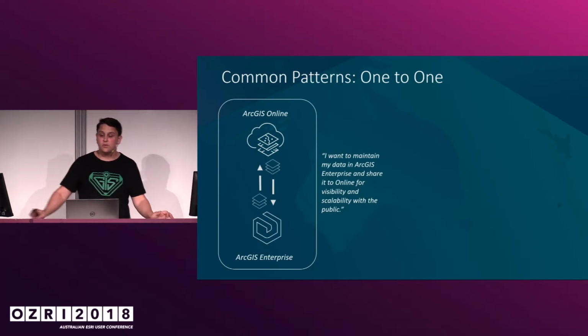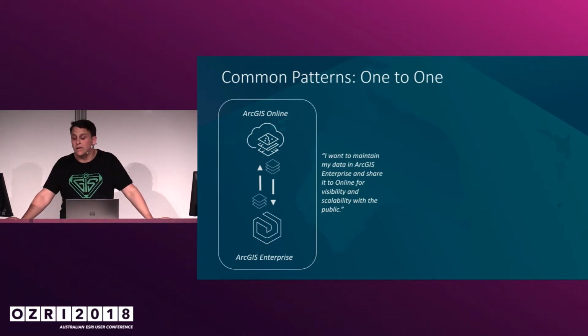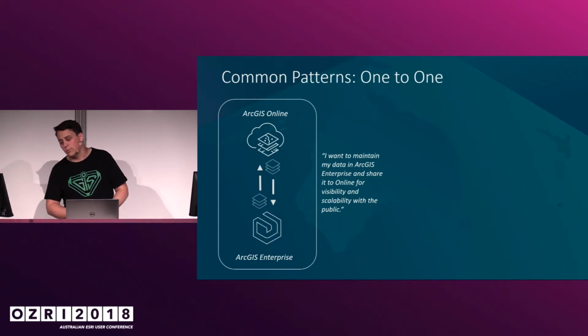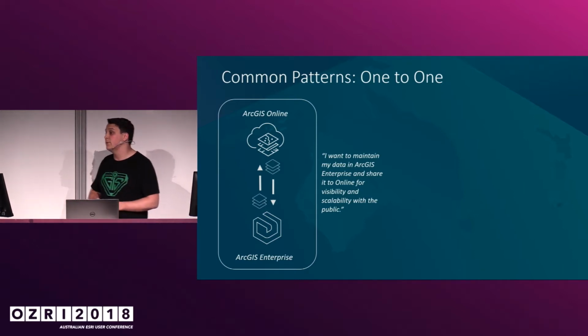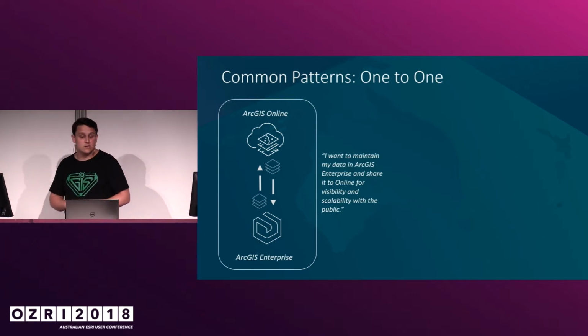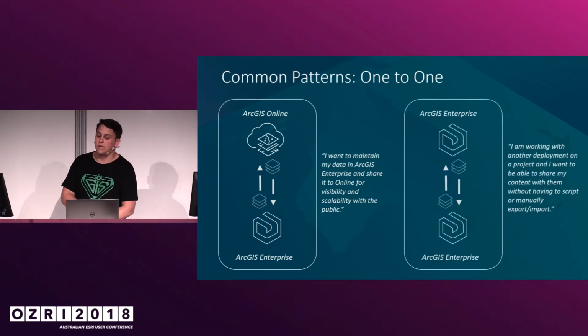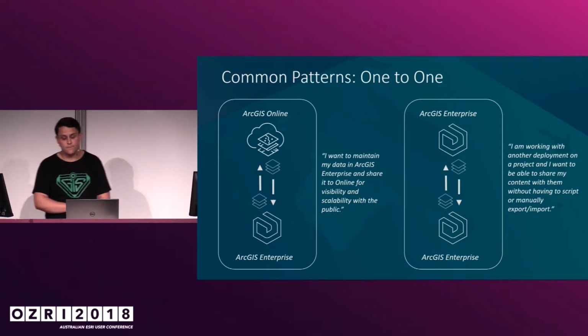Some common patterns of use for distributed collaborations include a connection from ArcGIS Online through to ArcGIS Enterprise, meaning organisations can actually leverage the accessibility and the availability of ArcGIS Online without having to connect through firewalls to mobile devices out in the field. At 10.6, distributed collaborations now support enterprise-to-enterprise collaboration.